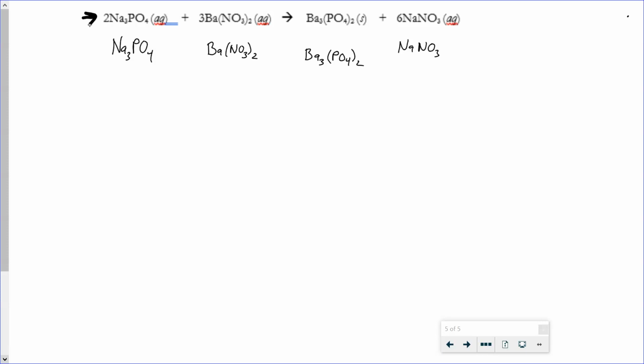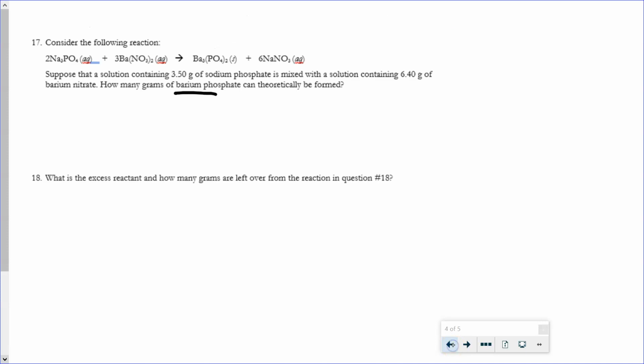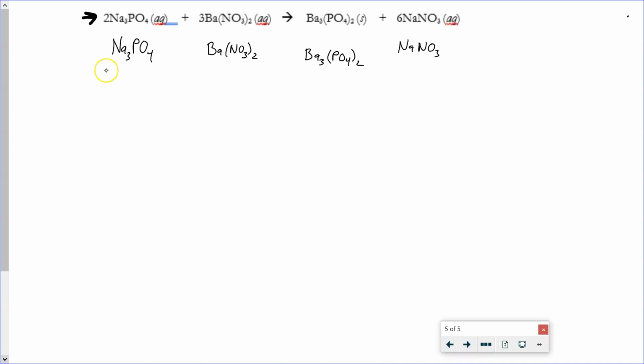And so we're going to start with the amount of each of these. If we go back real quick, we have 3.50 grams of sodium phosphate, and we have 6.40 grams of barium nitrate. And we need to figure out how much barium phosphate in grams is going to be produced.